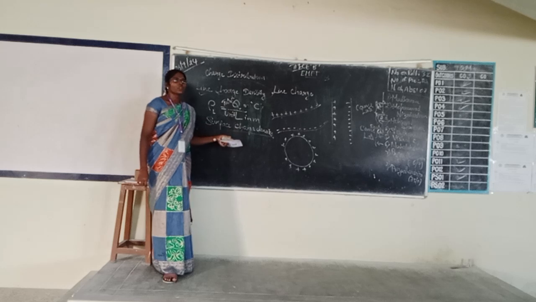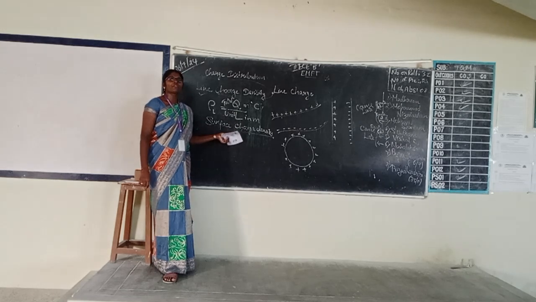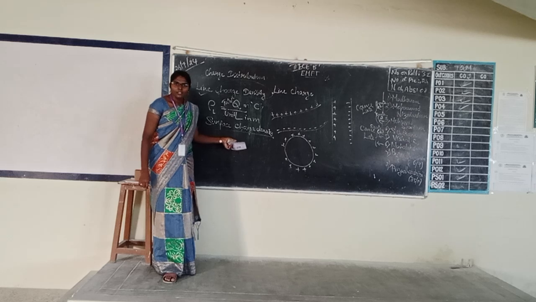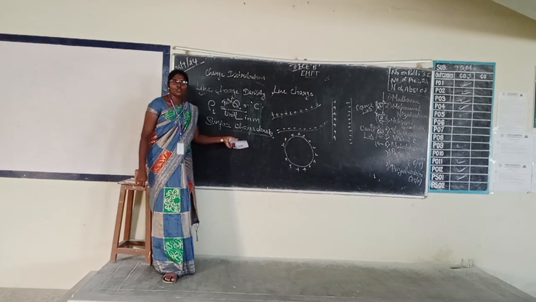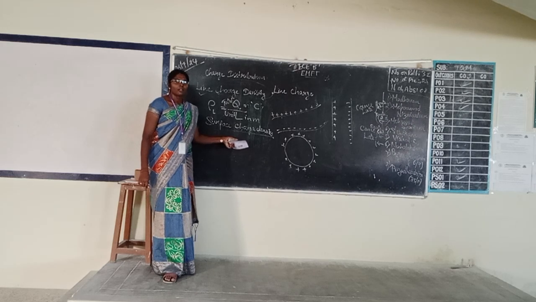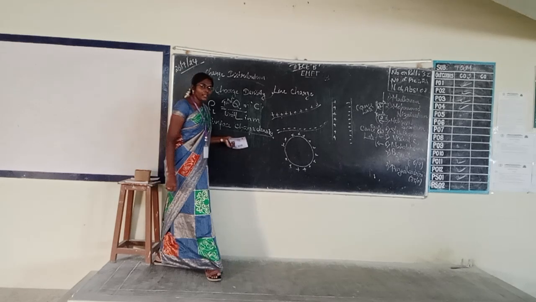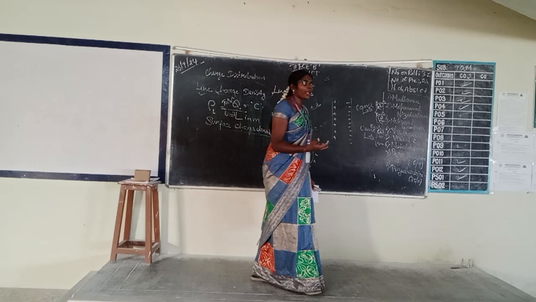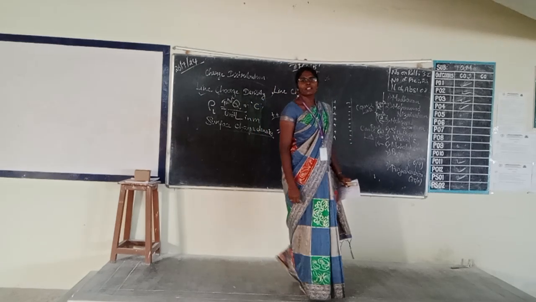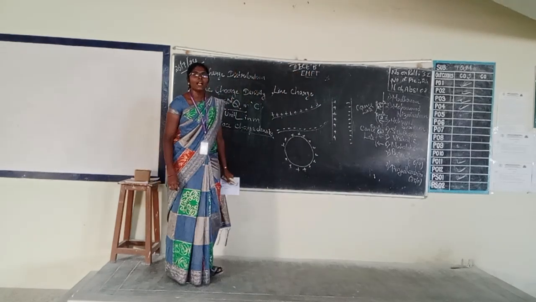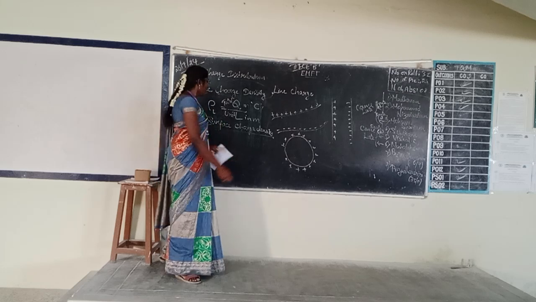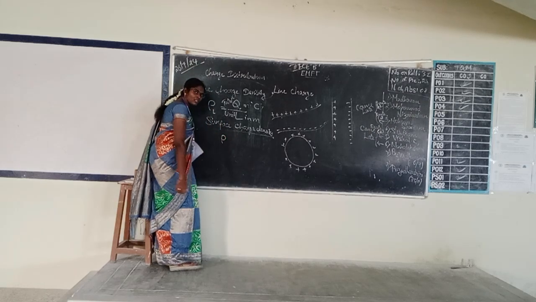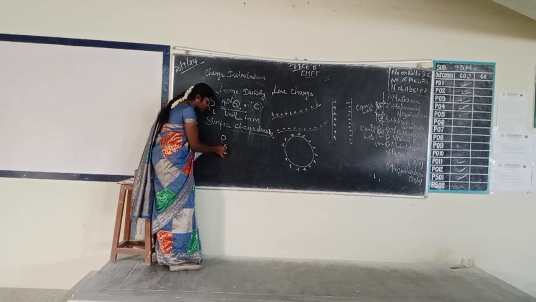Here it is defined as the ratio of total charge in the surface per unit area in meter square. Meter square means area. So we define surface charge density as rho surface.